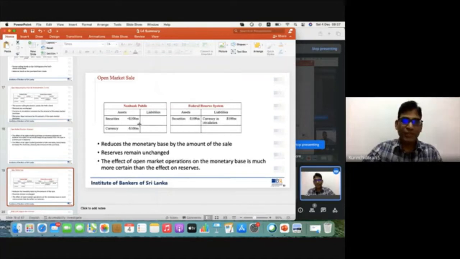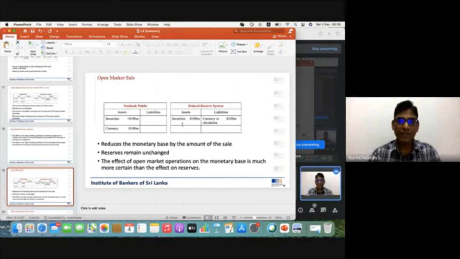If you take the non-bank public, on the asset side they might have currency of 100 million. They will lose that currency because they are going to pay by currency and they get the securities. So here what you have to see is the money supply. One of the major components is currency in circulation.